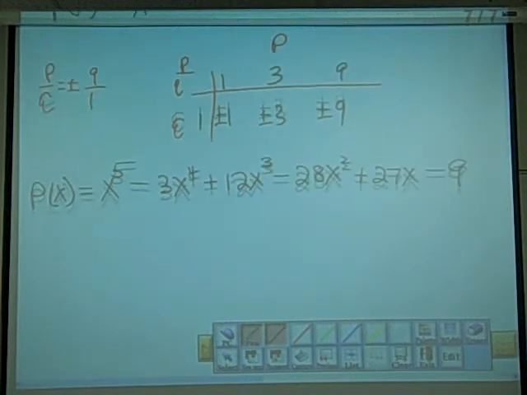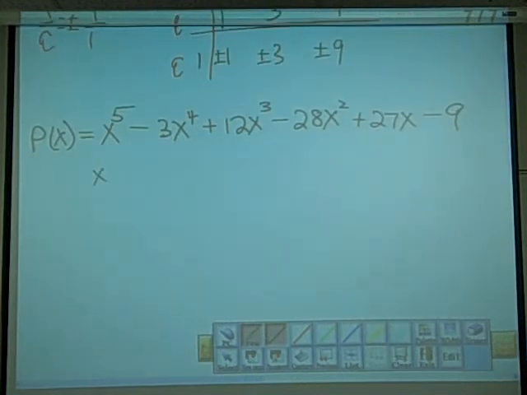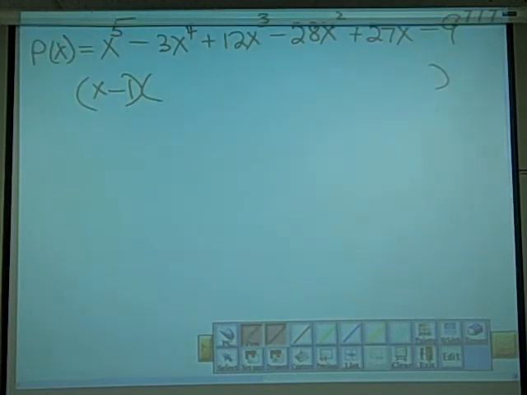And we know that 1 is a 0. So we're looking for the other factor. Okay, so since this is a really large polynomial, I'm going to give myself plenty of room here. So we use 1 as our divisor, and we're going to put in 1, negative 3, then 12 for the x cubed term.